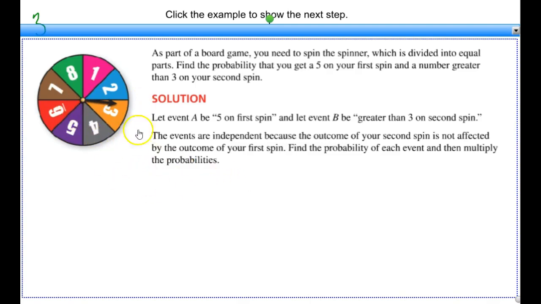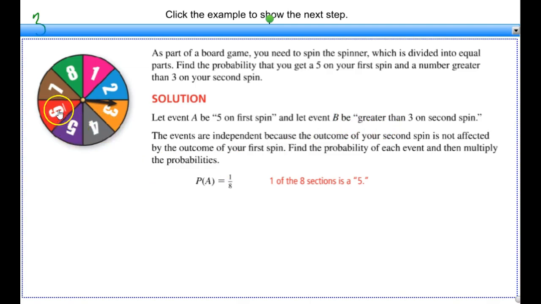So now I have to find the probability of each event and then multiply my probabilities together. The probability that I'll get a 5 on the first spin: there's 1 five, so one good outcome out of 8 slices, so it's 1 over 8 because 1/8 of my pie is a 5. Now for the second part, B is greater than 3.